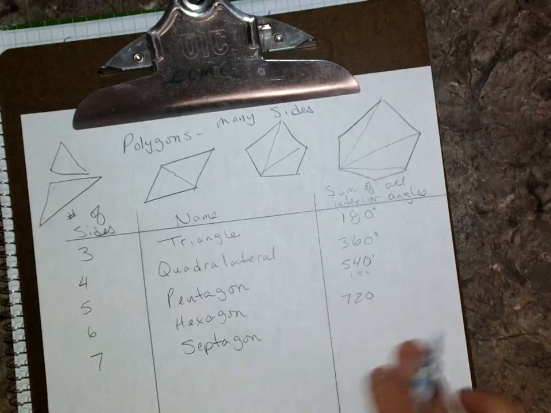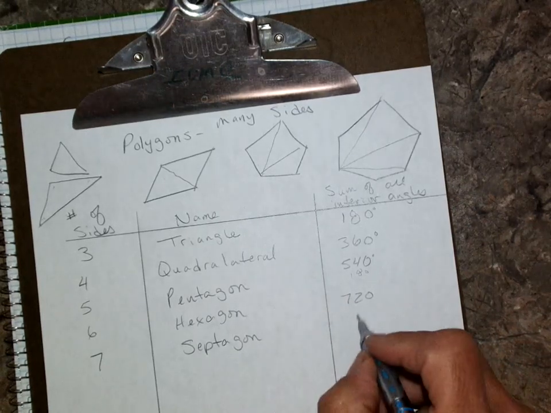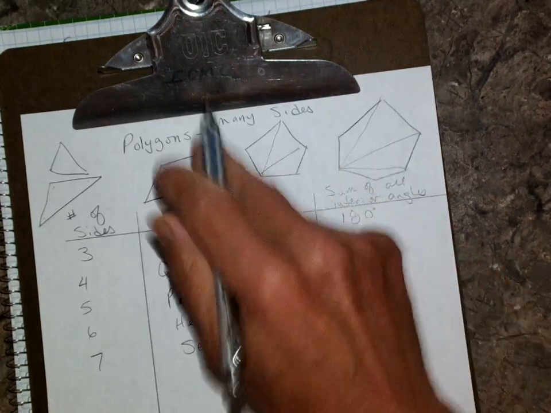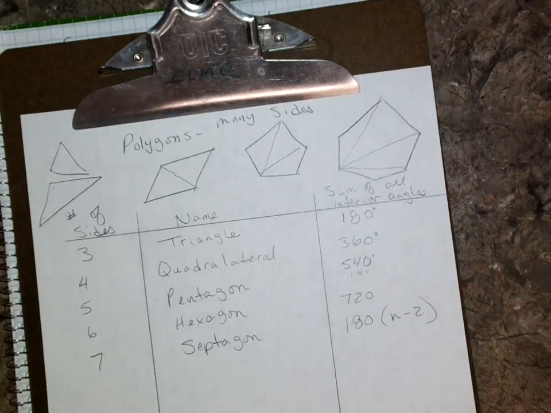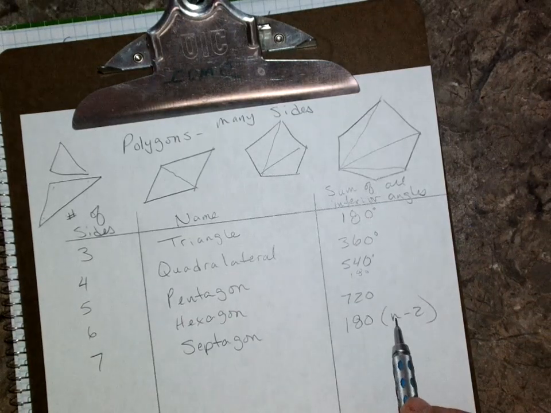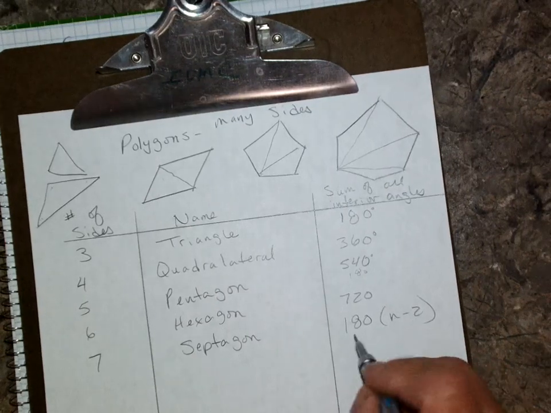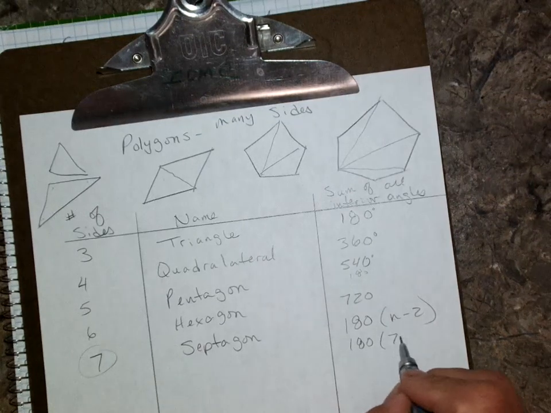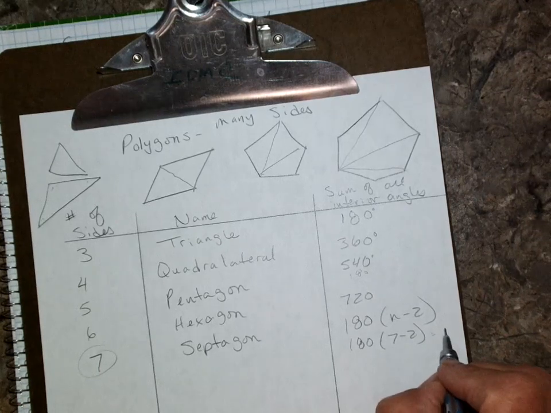I can keep drawing them, but the formula is 180, because that's the triangles, times n minus 2. For a septagon, you put in 7: 180 times 7 minus 2, which is 5, and I believe you get 900 degrees.